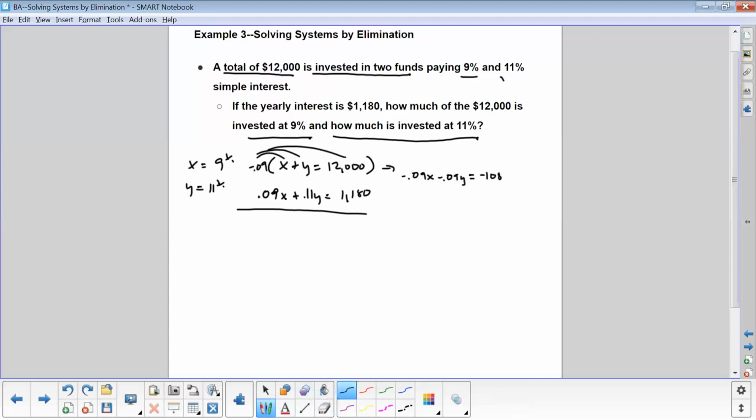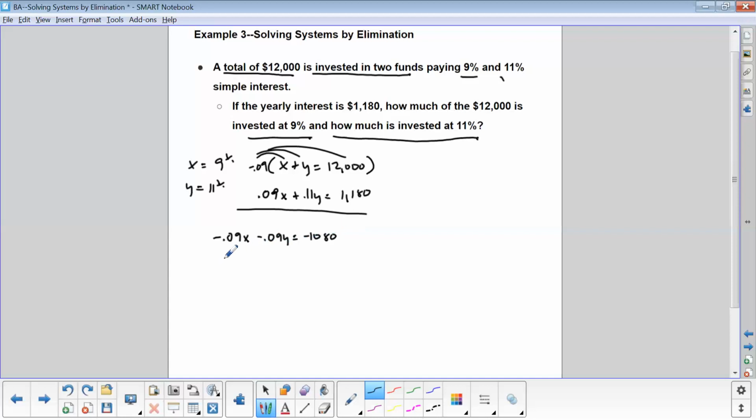And I ran out of room. So I'm going to come down here and write that. So it'd be negative 9 hundredths X minus 9 hundredths Y is equal to negative 1,080.